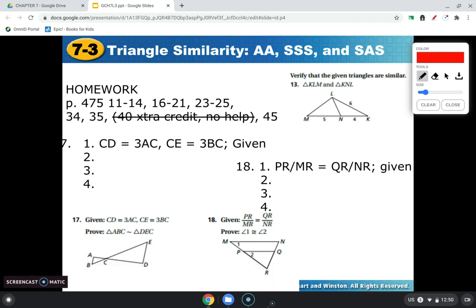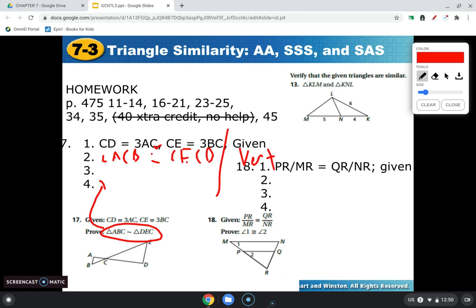Number 17, right here. All right. So given that CD equals 3AC, prove that those two triangles are similar. Okay. Well, remember, we're going to want to divide here. Well, first of all, we've got vertical angles. So angle ACB is congruent to angle ECD by vertical angles. All right.